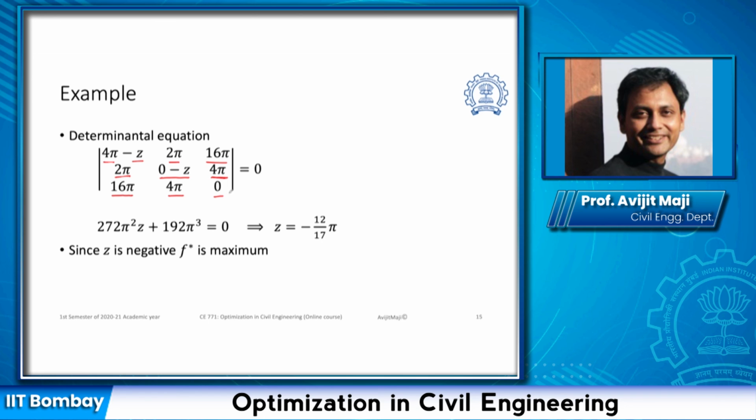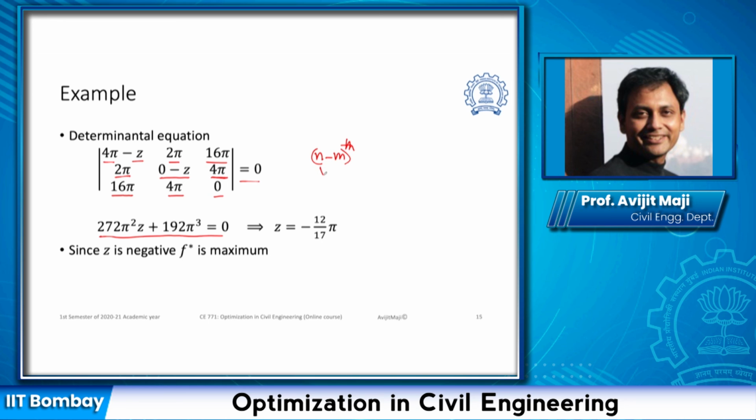This determinantal equation, we need to equate it to 0, and if we try to solve, this is what the equation is going to be for the z, and as I had indicated earlier, the z would be of the order of n minus mth polynomial.